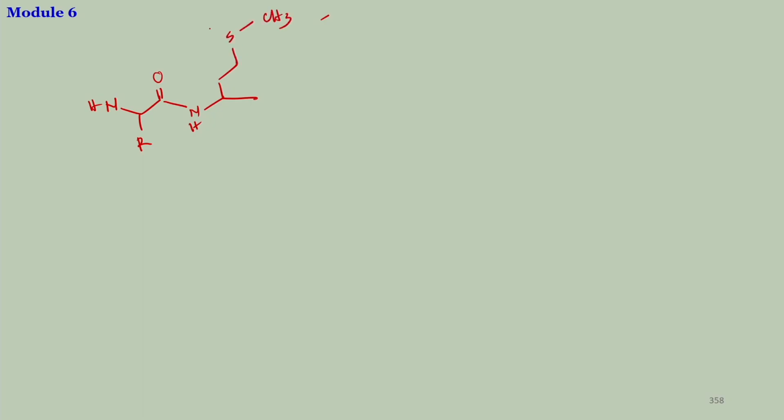CH3 CN, this is positive charge, that makes it a good leaving group. CONH, here this is R1, R2, this is R3. So, that will attack this carbon and this would leave.